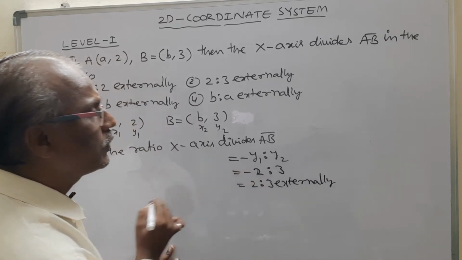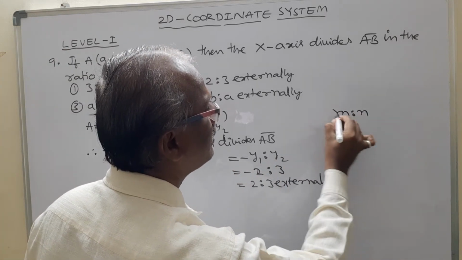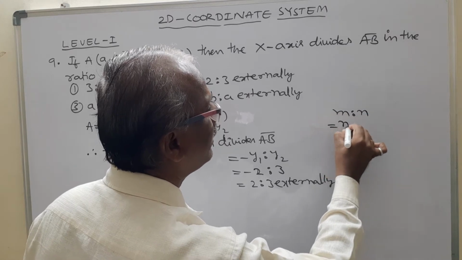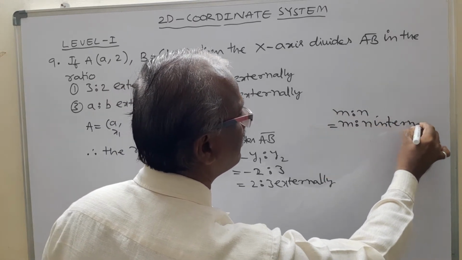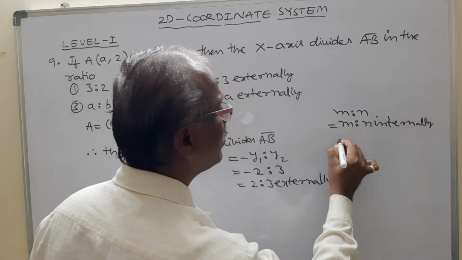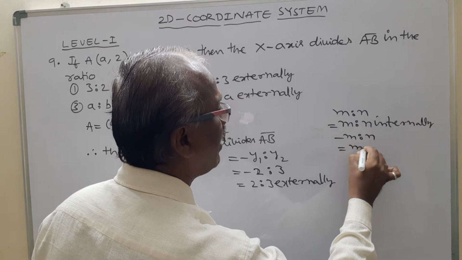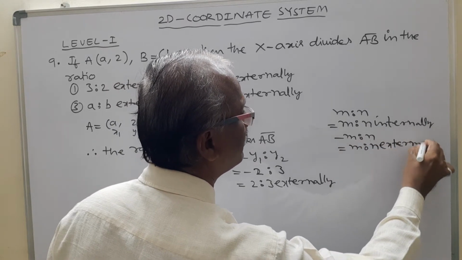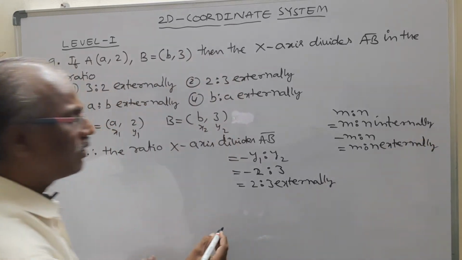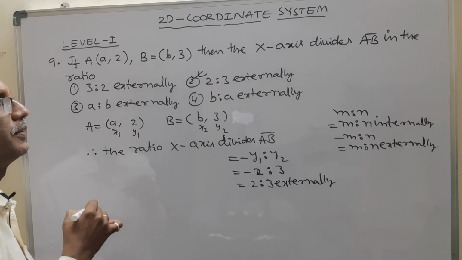If the positive ratio is there, if m is to n is positive, it represents m is to n internally. If the ratio is negative, minus m is to n, it represents m is to n externally. Here the answer is 2 is to 3 externally. The second option is right.